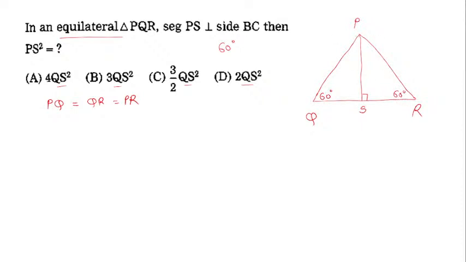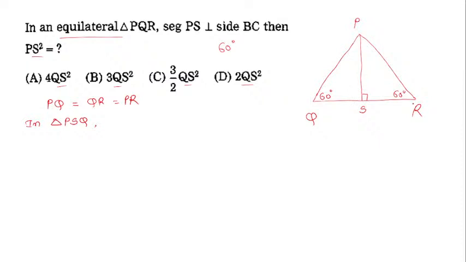Now here just consider triangle PSQ, as we want the relation between PS and QS only. So the triangle which involves the side PS and side QS is triangle PSQ. So just consider that triangle. In triangle PSQ, it is a right angle triangle.